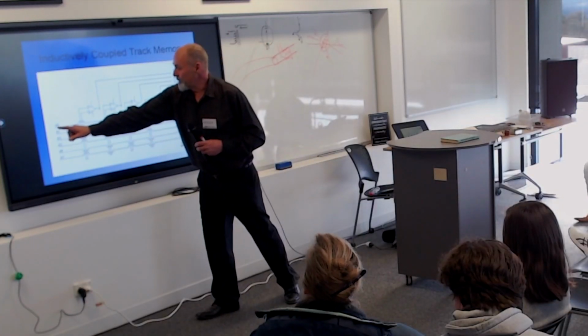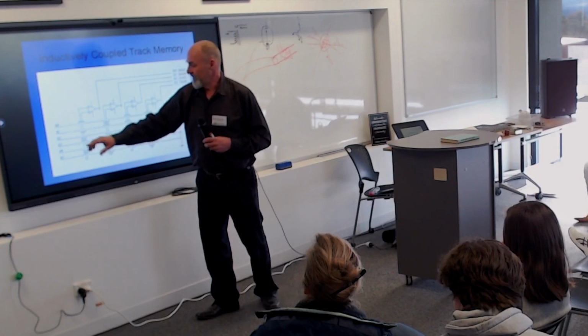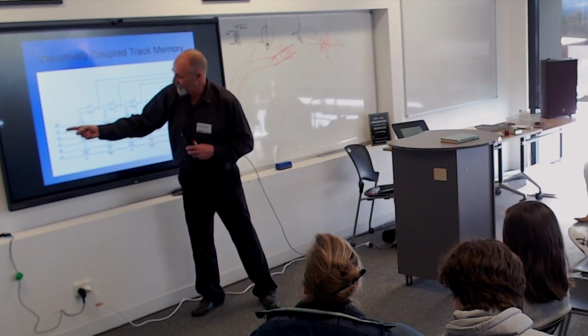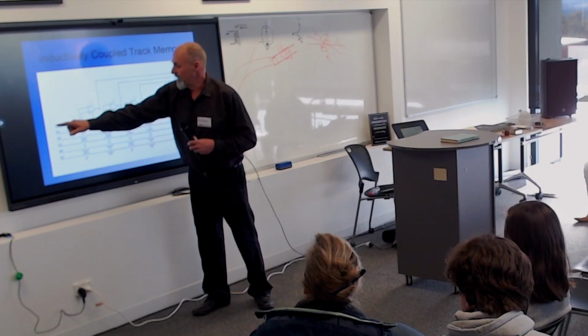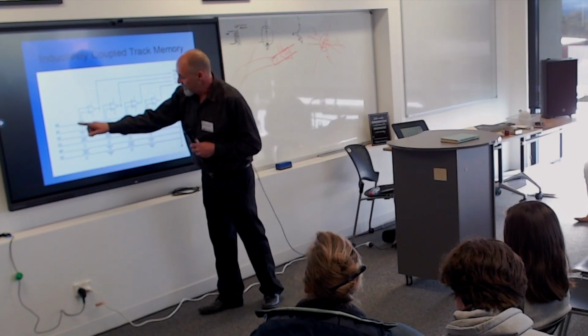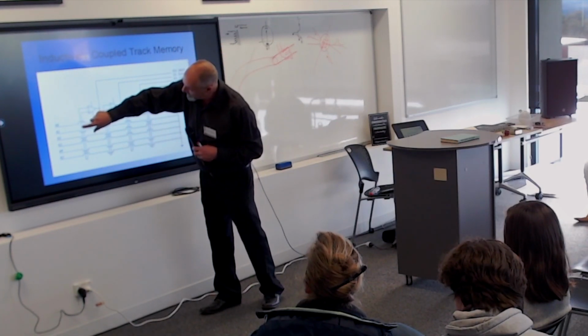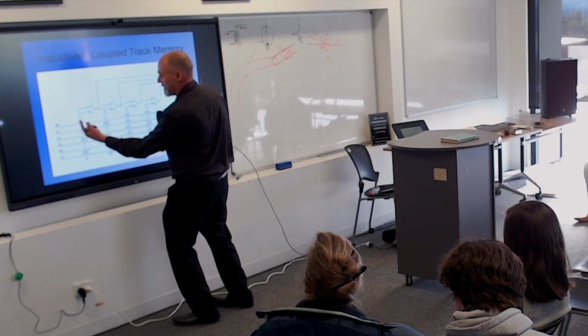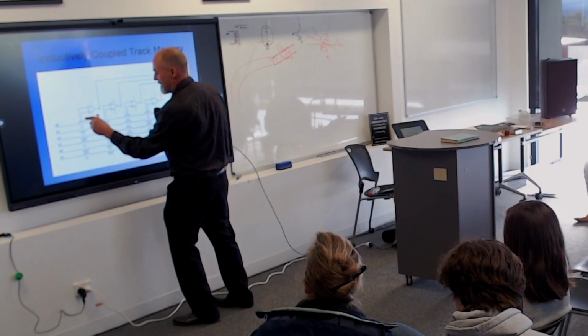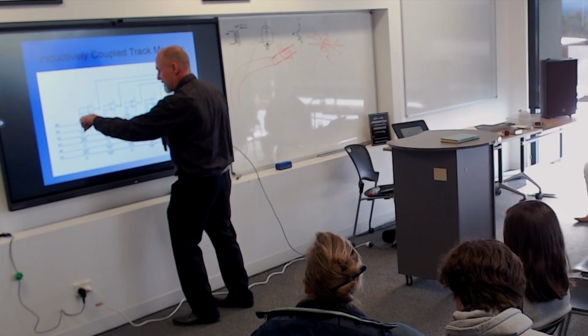In essence, if I put a pulse on, so this isn't binary, you select that, so it's demultiplexed. Selecting this line, I put a pulse on it, and this piece of track here is parallel to that, generates a current going that way, and over here it generates a current that way.